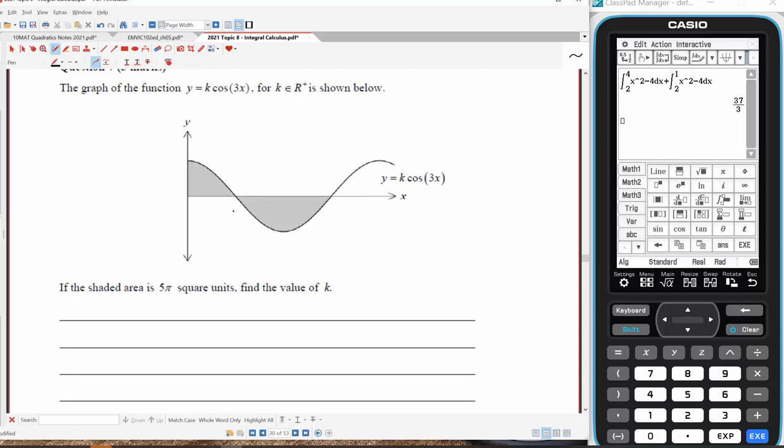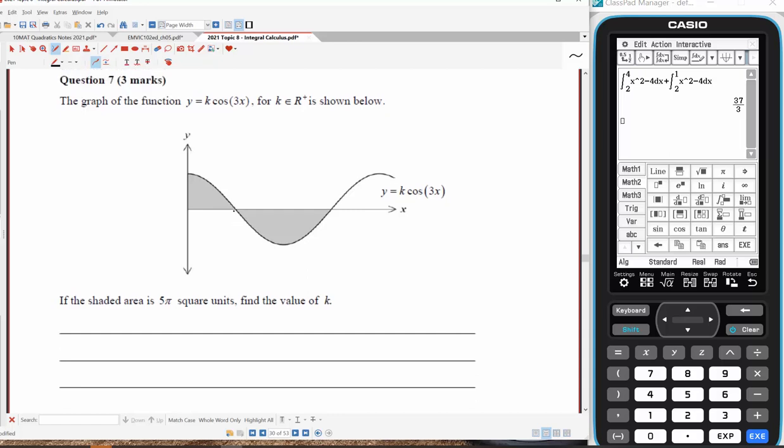Here's how I'm going to do this one. What I know for this function is, let's just get this x-intercept here. And this area here, let's call this area 1, is the same as this area 2 and this area 3.